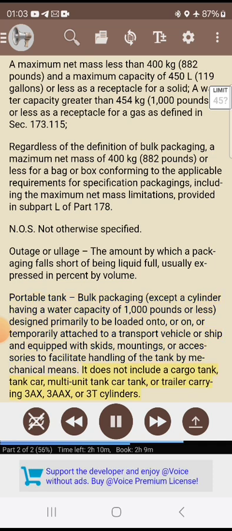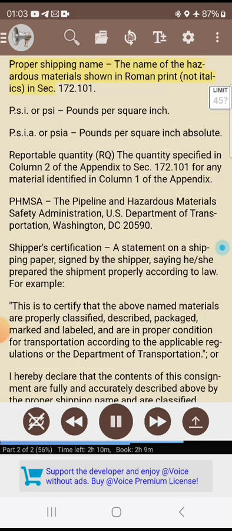It does not include a cargo tank, tank car, multi-unit tank car tank, or trailer carrying 3AX, 3AAX, or 3T cylinders. Proper shipping name. The name of the hazardous materials shown in Roman print, not italics, in Sec. 172.101. P.S.I. or psi, pounds per square inch.